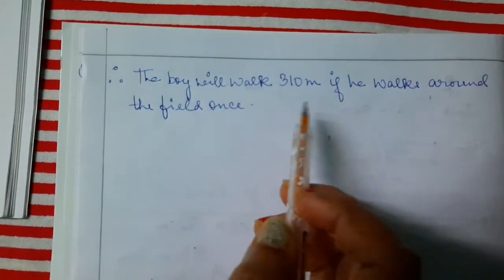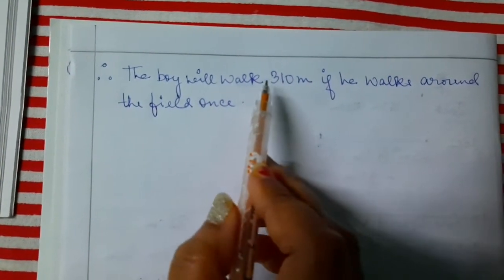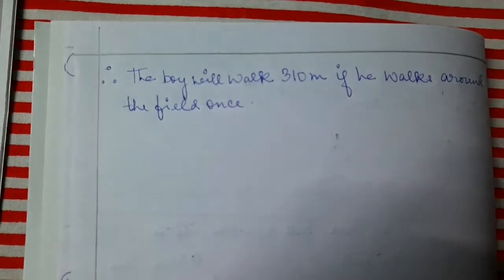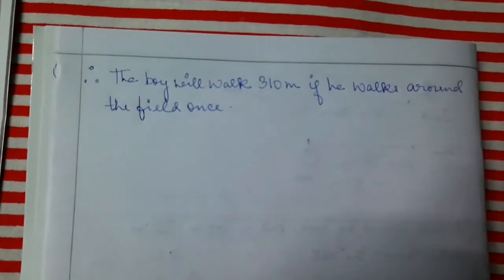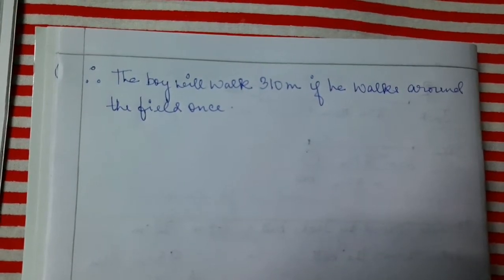If he walks around the field once, he will walk 310 meter. Clear everyone? Very easy, isn't it? Now let's move on to the next question.